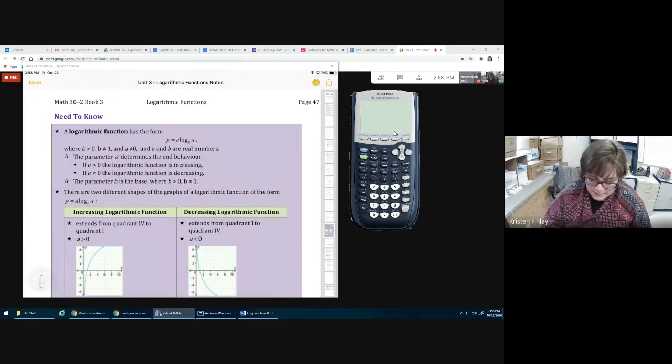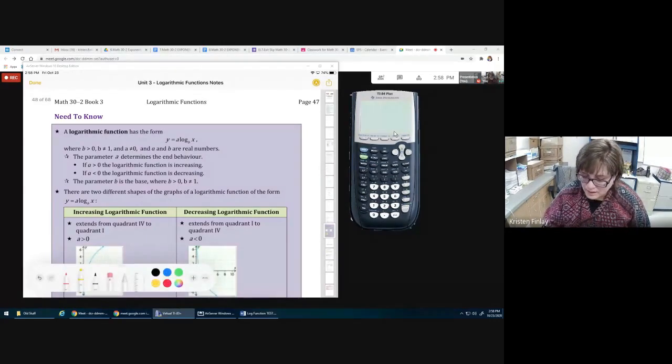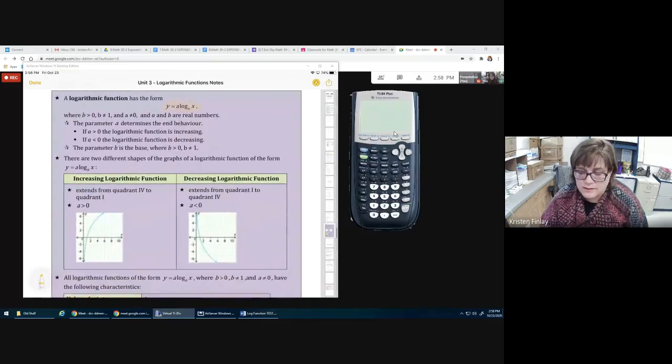Logarithmic functions have the form y is equal to a log base b of x, where b is greater than 0 and not equal to 1, because that would just be a constant, and a is not equal to 0. A and b are real numbers. The parameter a determines our end behavior. If it's greater than 0, it's increasing.